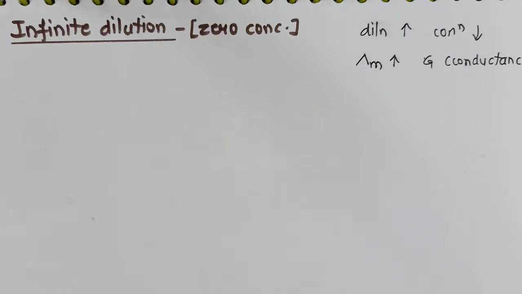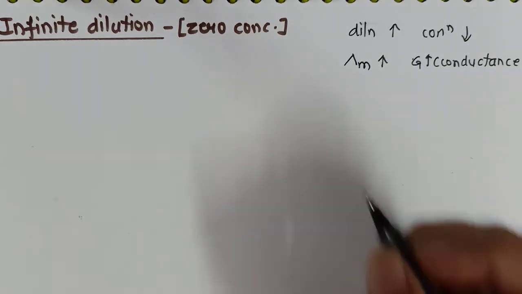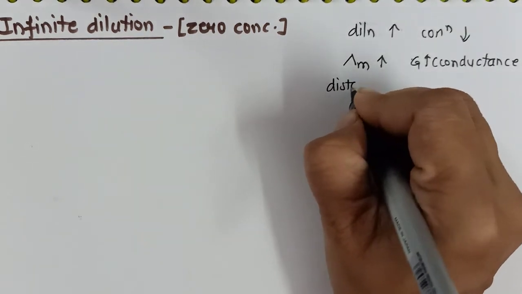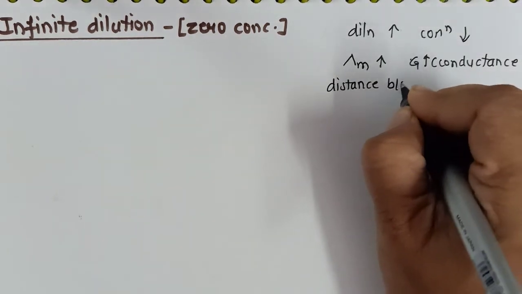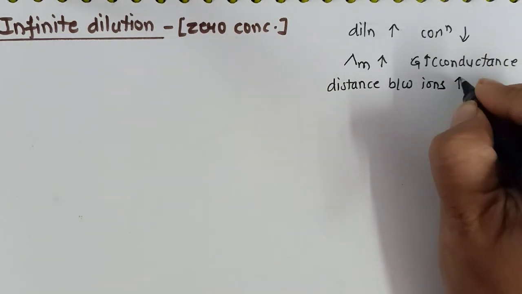Now, as the dilution increases, why does the molar conductance increase? Because on dilution, the distance between the ions, which are the charge carriers, will increase.